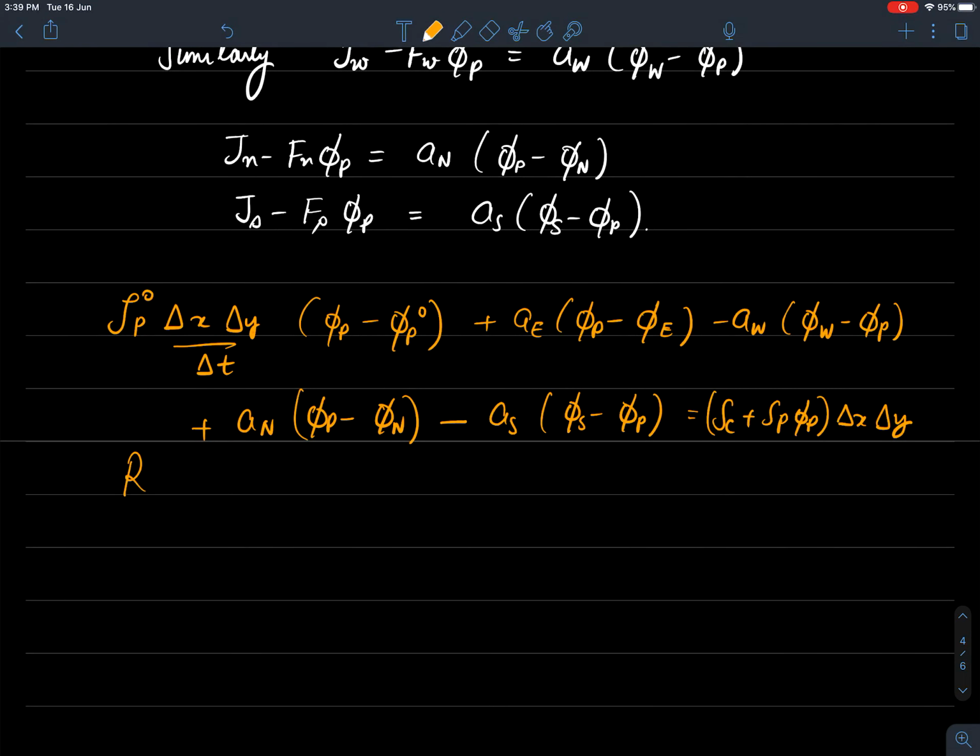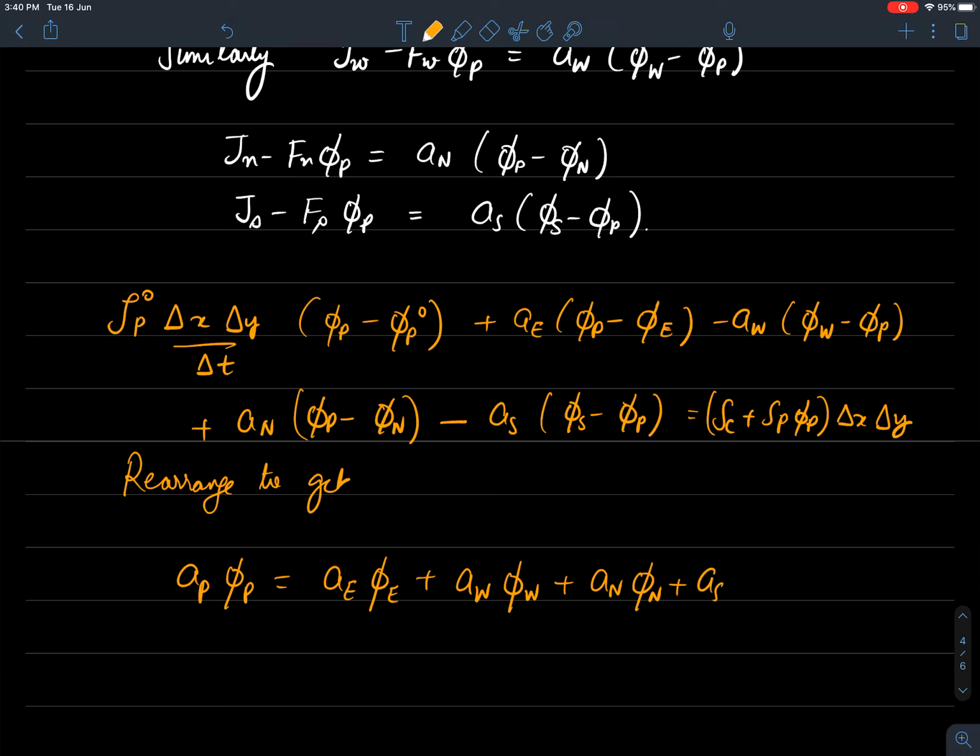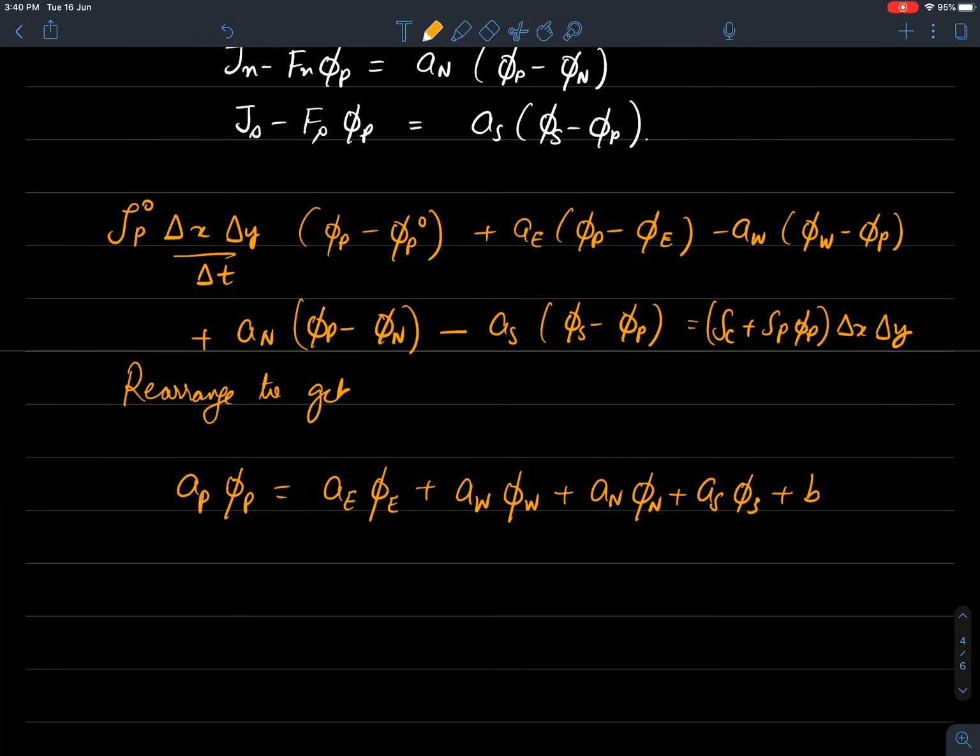And now I can rearrange this equation to get my final discretization equation, which will be Ap phi p equals Ae phi e plus Aw phi w plus An phi n plus As phi s plus b.